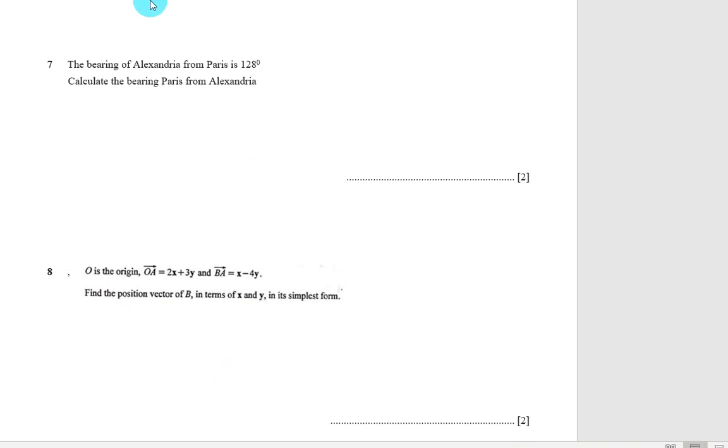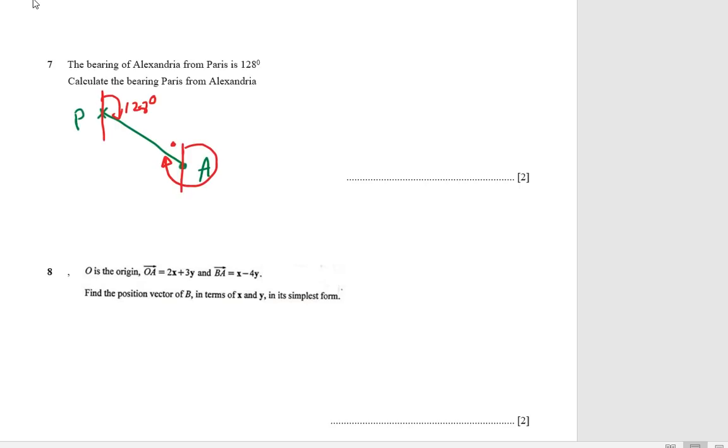The bearing of Alexandria from Paris is 128. Calculate the bearing of Paris from Alexandria. So if this is Paris and this is Alexandria, this is the direction of north. This angle now is 128 degrees. We need the bearing of Paris from Alexandria, so we need this angle.